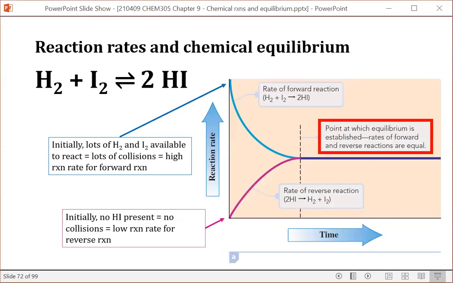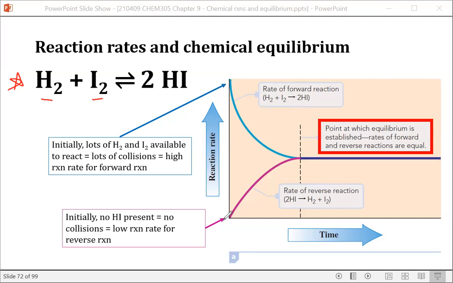If we look at a specific example of a chemical equilibrium reaction, if you take hydrogen gas plus iodine gas to make hydrogen iodide, 2HI, the forward reaction, H2 plus I2 to 2HI.